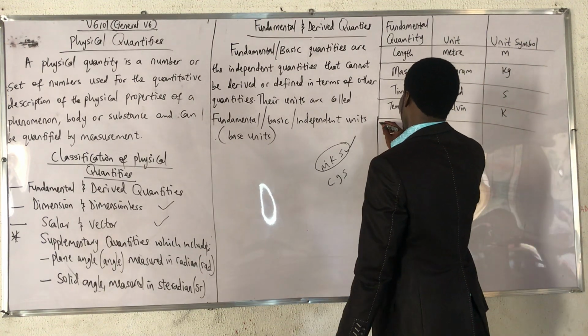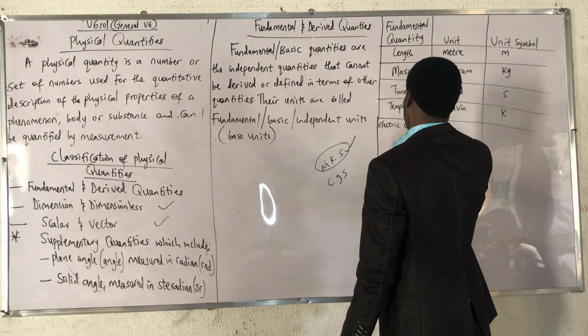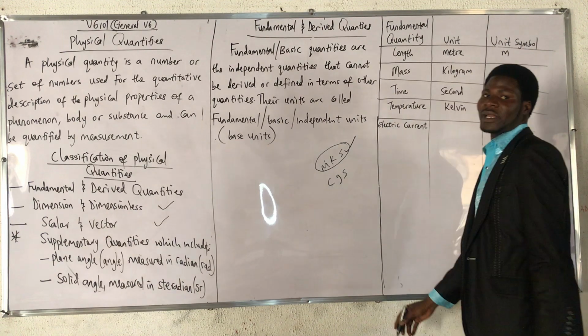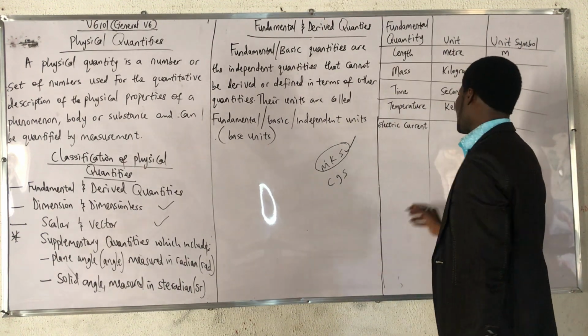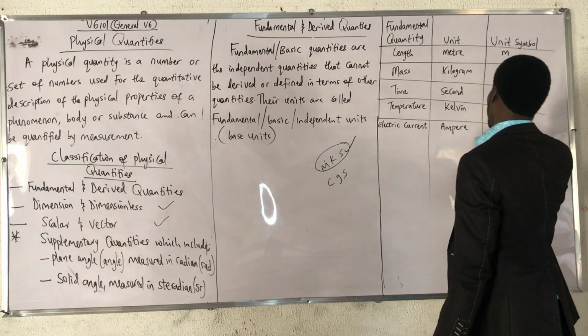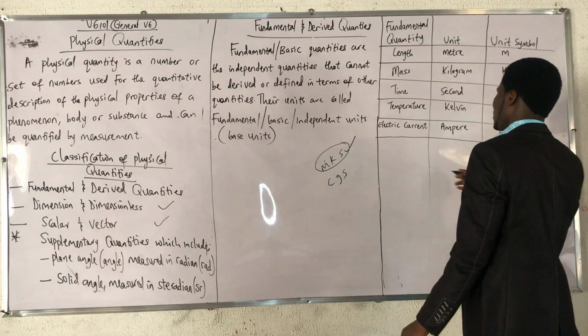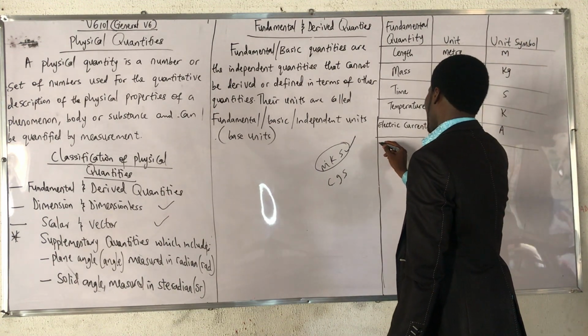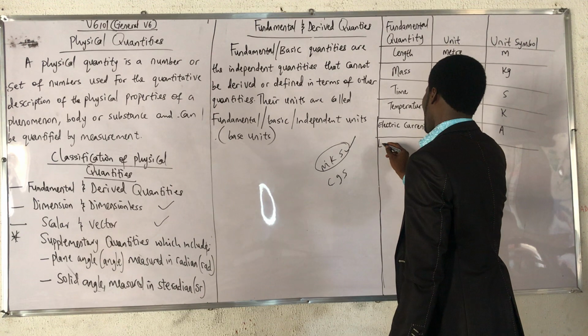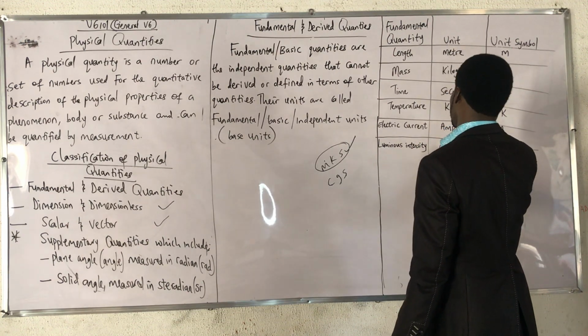We have electric current, whose unit is ampere. Unit symbol is capital letter A. We have luminous intensity, whose unit is candela.